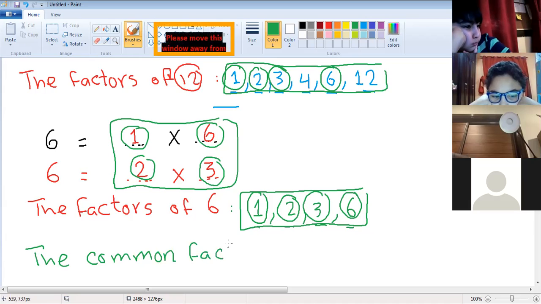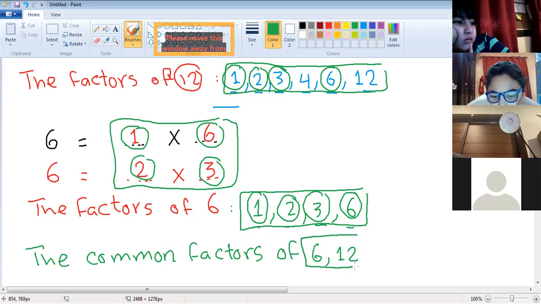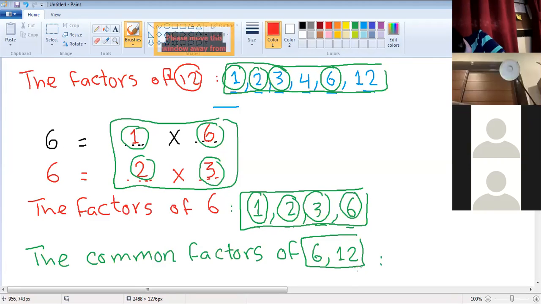So 100%, if you're trying to find the common factor between 12 and 6, 6 is going to be in both of them, because 6 times 2 is 12. 6 is already a factor of 12. So the common factors, as you said, Ahmed, are 1, 2, 3, and 6. Thank you very much.